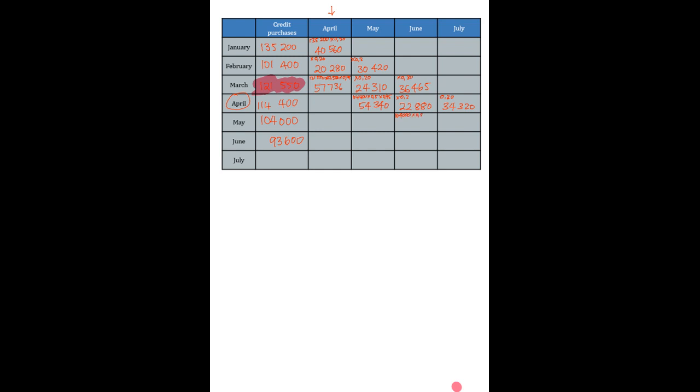And then times 20%, the 30% is in August, which is not part of our schedule. So that's 49,400, and this is 20,800.